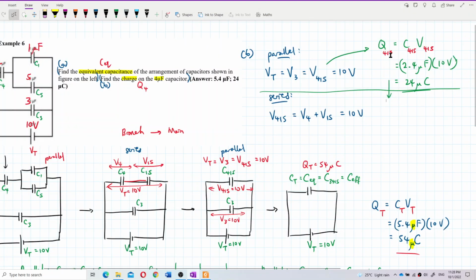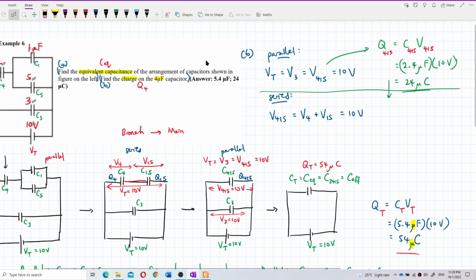So this Q415 is also equal to Q4 equal to Q15, because they are in series, so the charge is the same.